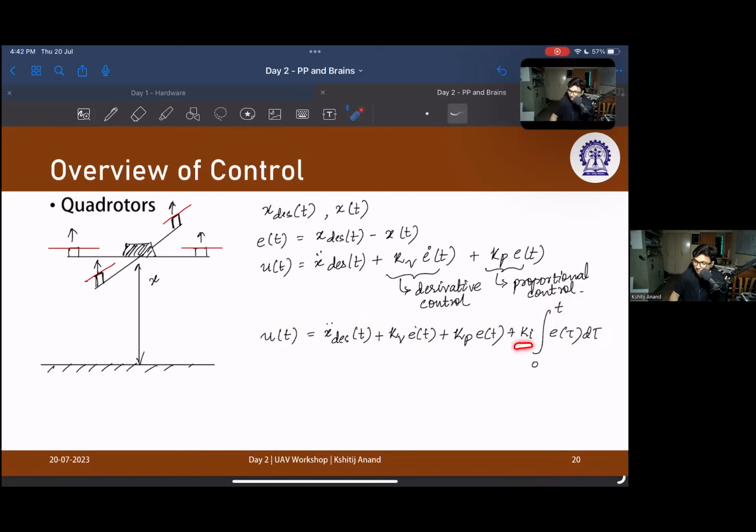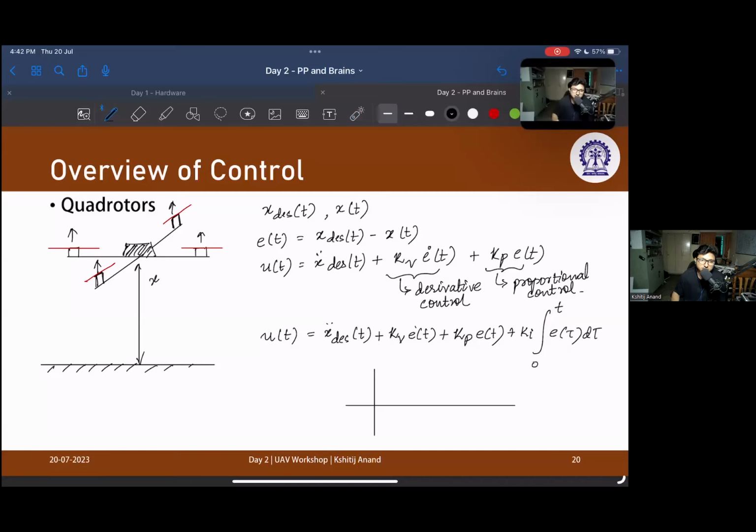So this term, the integral term, is basically telling me what? That how much error you are having. Okay. So basically what is going to happen? You are integrating the error. Okay. So if you move towards your desired goal, okay, just try to understand this. It's very easy to understand control if you just apply basic mathematics and keep on doodling.